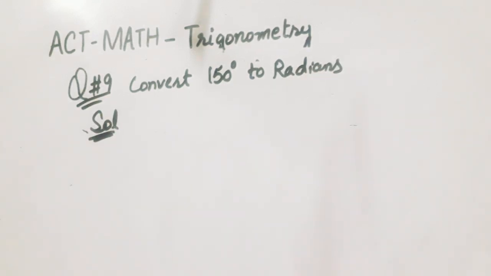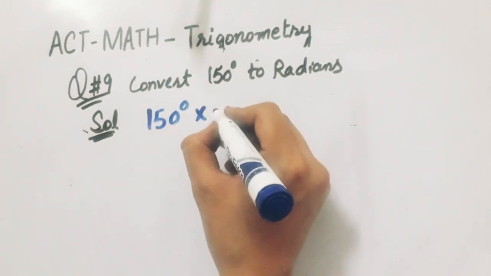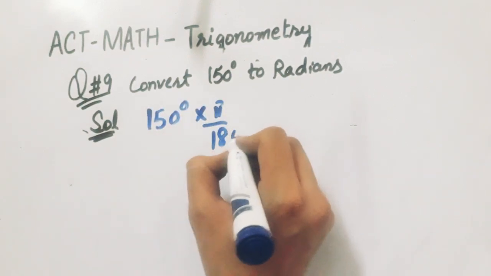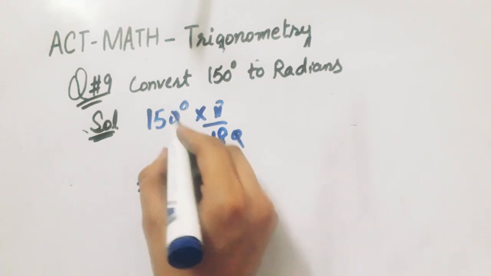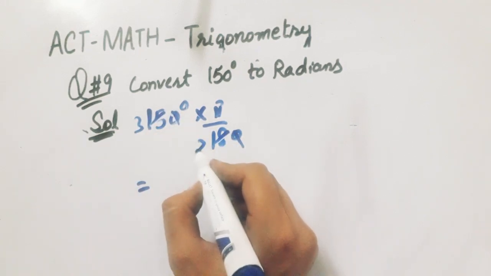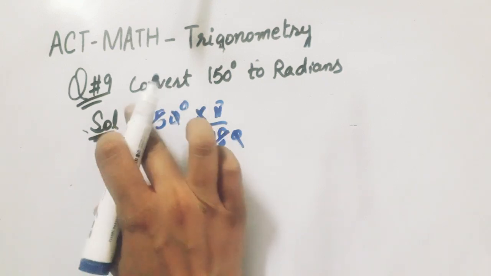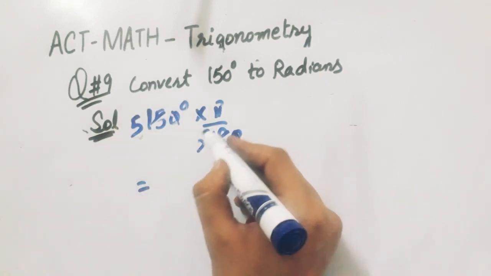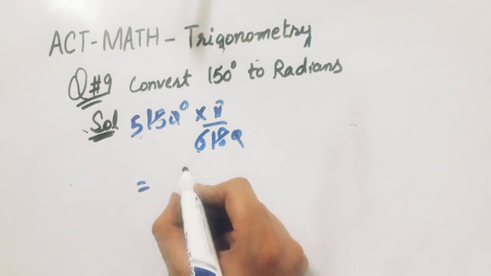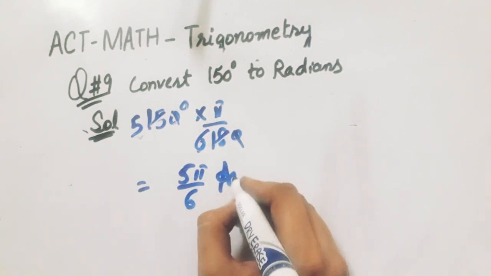So we will solve this as 150 degree multiplied by pi by 180. So we will get 3 5s are 15 and 3 6s are 18. So it will become 5 pi by 6. This will be the answer.